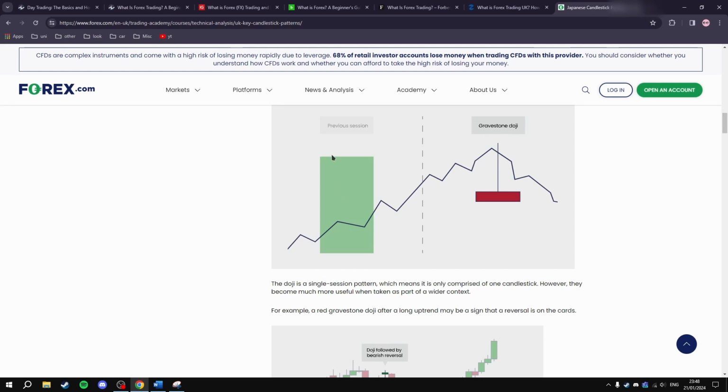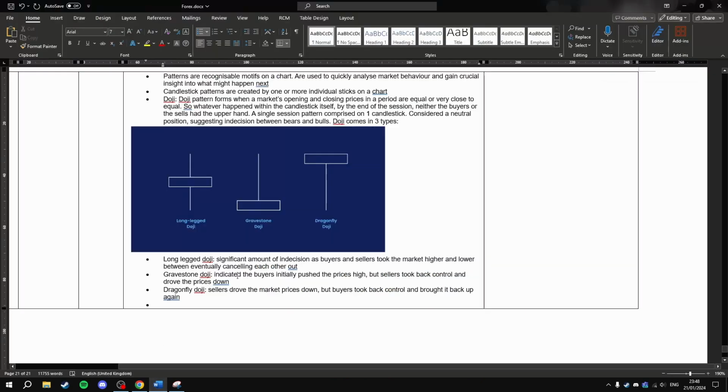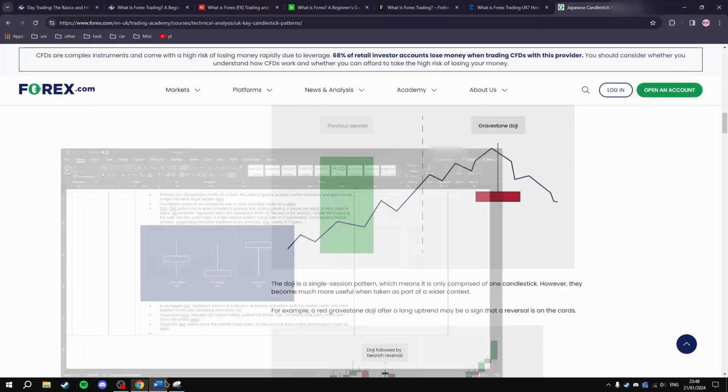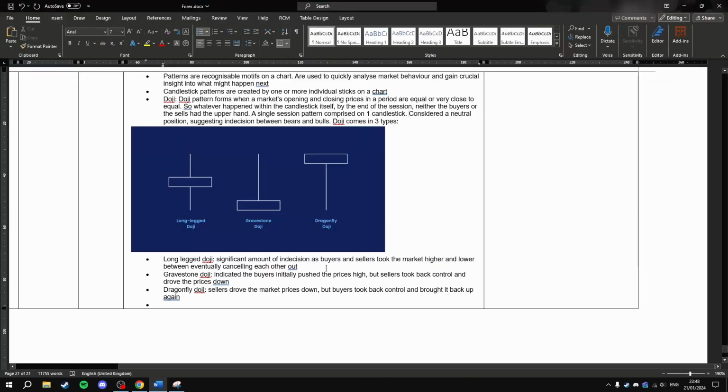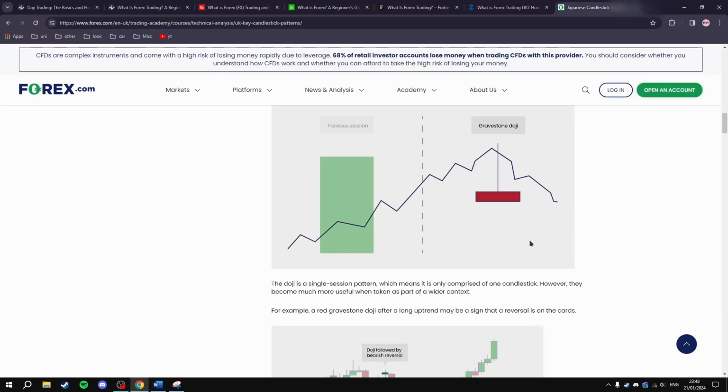So this is an upward trend. What does a gravestone doji mean? Buyers initially pushed the prices high, hence the upward trend, but sellers took back control and drove the prices down.